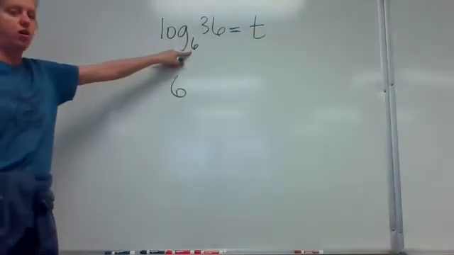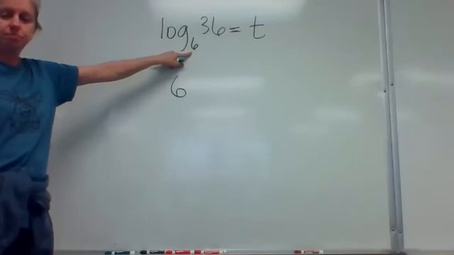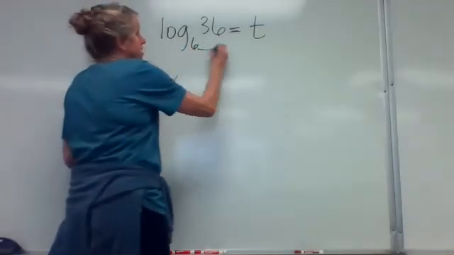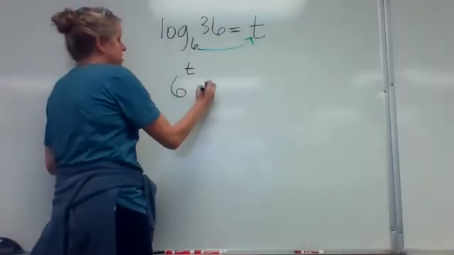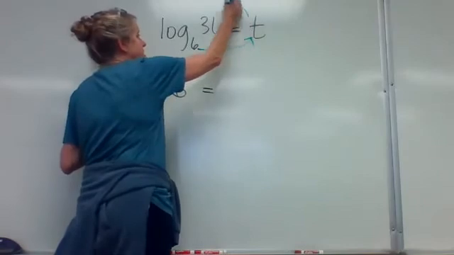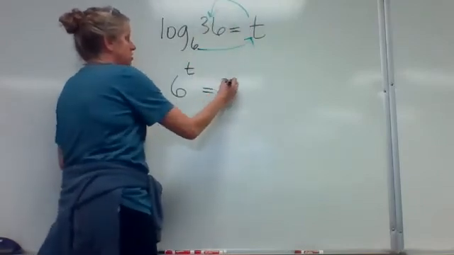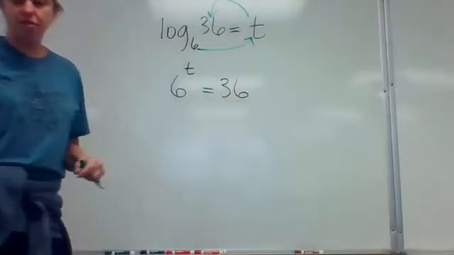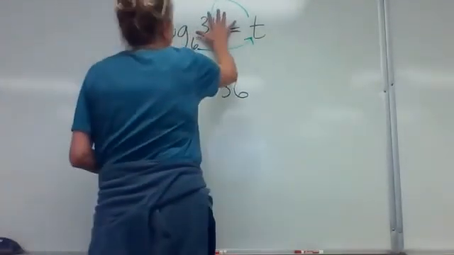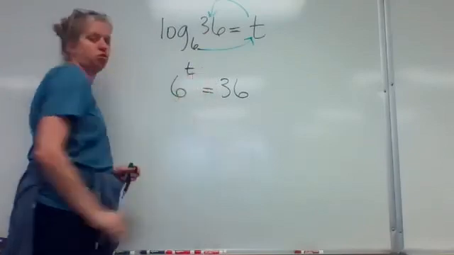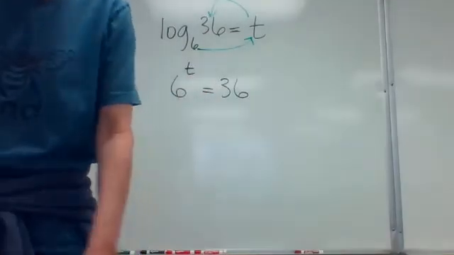That's going to be the base of your exponent. It's going to be raised to that power, so 6 to the t power, and then that's going to be equal to 36, whatever's in that position. It doesn't want you to solve for t. It just wants you to convert from the log equation to the exponential equation.